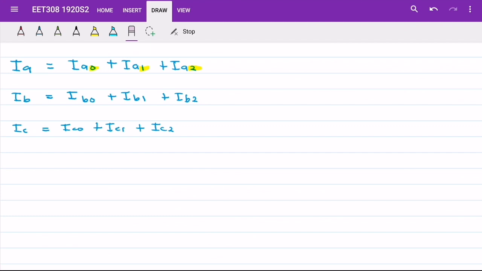Now we simplify the equation for IA first. So IA equals IA0 plus IA1 plus IA2.